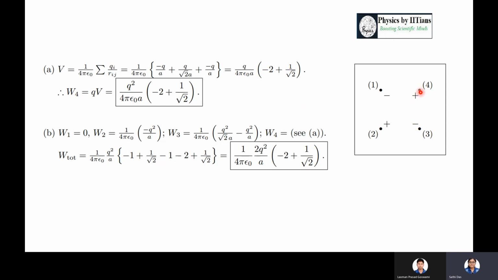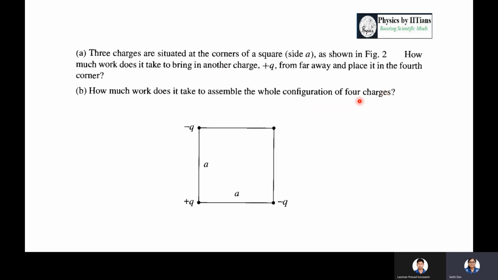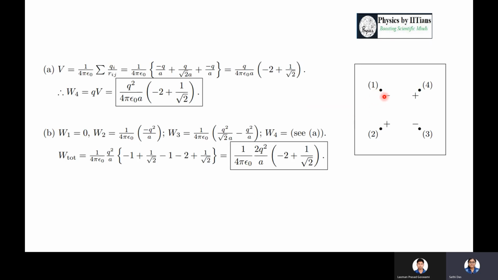Okay. So the potential on this charge Q4 due to the charge at position 1, that is minus Q. Look here, this is minus Q, plus Q, minus Q. That's why the sign is minus, plus, minus.